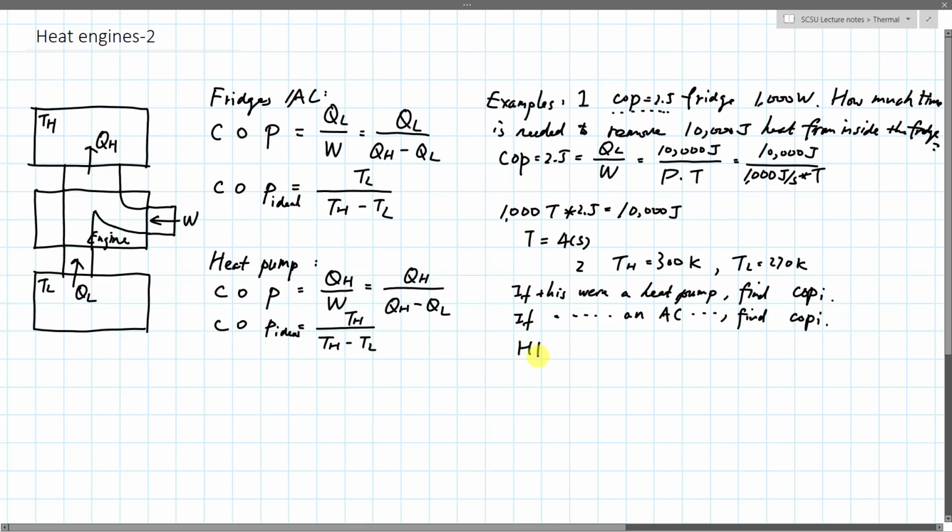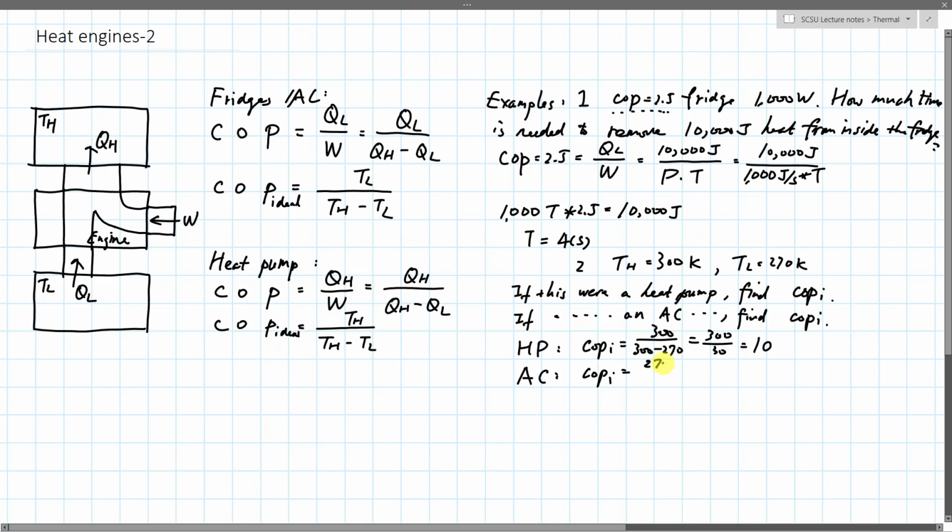So, okay, heat pump. The ideal heat pump COP is equal to the high temperature over high minus low. So 300 over 300 minus 270, so 300 over 30, which is equal to 10. For AC, you turn the heat pump around, and we use the ideal with the low temperature on top over high minus low.